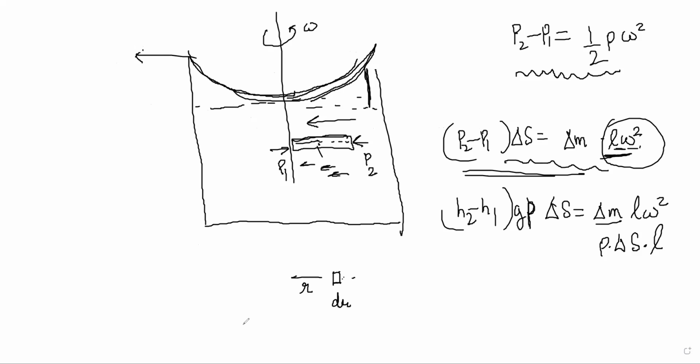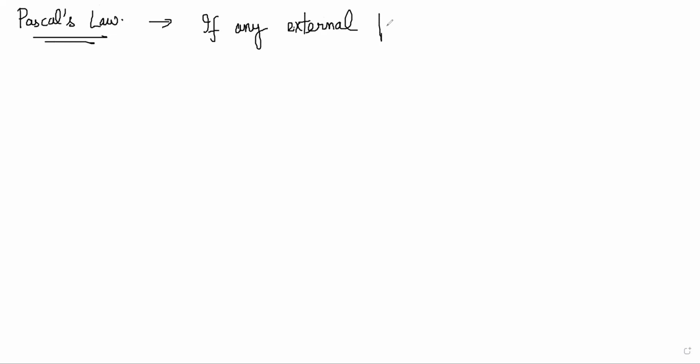Then we come to Pascal's law. Pascal's law is very simple. It says that if any external pressure is applied to a liquid, that pressure is transmitted to all parts of the liquid instantaneously.